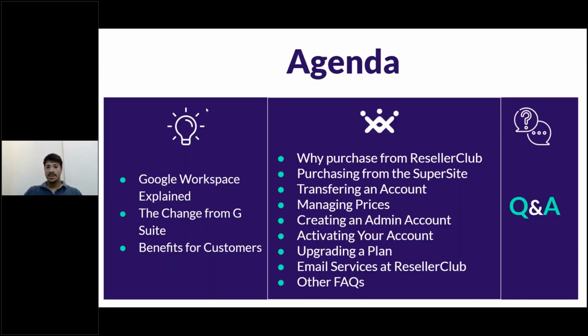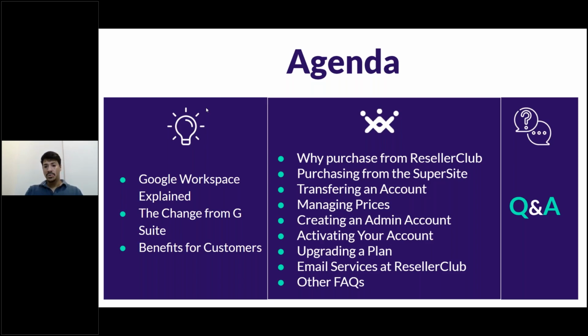All right, so I think everyone's clear on the agenda and knows exactly what this webinar is going to be focused on. It's going to be focused on what Google has done with their branding. We're going to talk in parts. One part is where we'll talk about Workspace, and how it has changed from G Suite to Google Workspace.